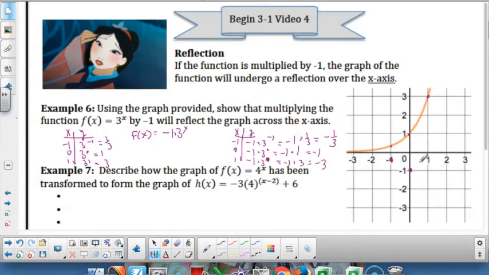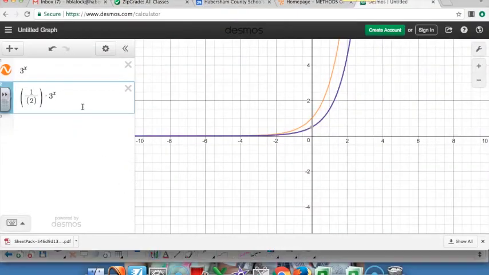So at 1, I get an ordered pair of (1, -3). And so what I have is this exponential curve that is the exact same thing, just flipped over the x-axis. It's the mirror image. If you want to see a prettier version, let's go to Desmos real quick.